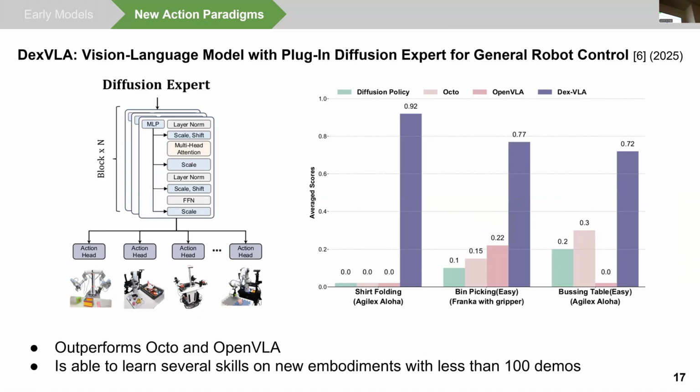They compare to Octo and OpenVLA, two of the models we've looked at, and they get a much improved task success in some of these easy tasks like shirt folding, bin picking, and bussing tables. These are becoming kind of the common metrics for some of these VLAs that are manipulator-based. But one of the really interesting things that they discover is that they're able to learn several skills on new embodiments with less than 100 demos.